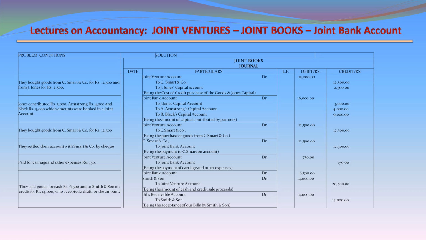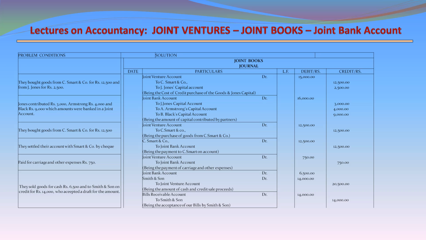Next transaction. Paid for carriage and other expenses 750. Joint venture account debit 750 to joint bank account 750, being the payment of carriage and other expenses. They sold goods for cash Rs 6,500 and to Smith and Son on credit for Rs 14,000, who accepted a draft for the amount.